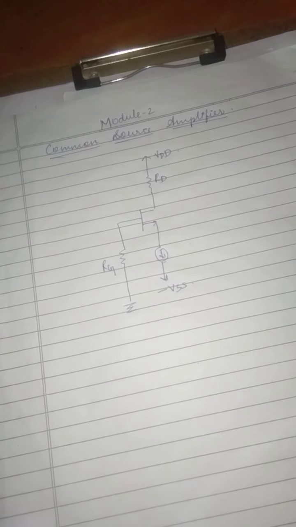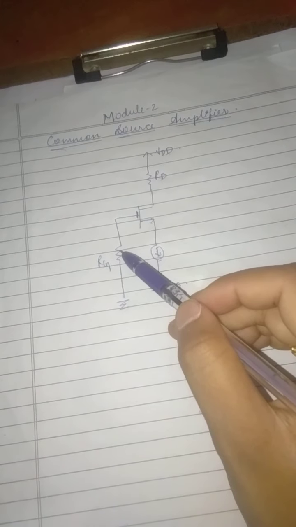We always give our input via the gate. So we have to give a signal, that is VSIG and RSIG, as an input signal to the gate terminal through the coupling capacitor CC1.